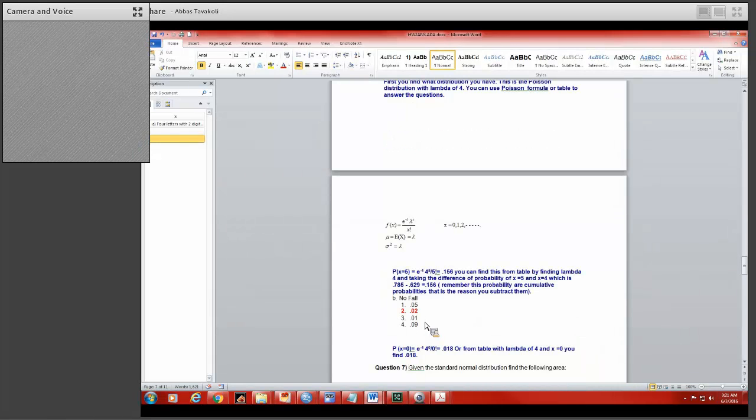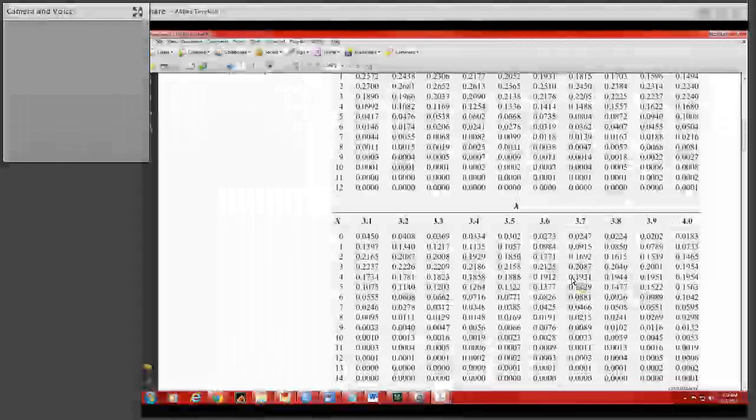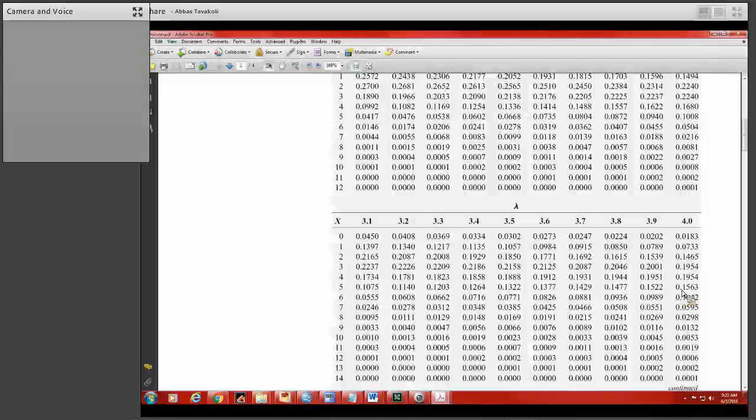Again, here I put it from the table. Remember, you have to use the average of 4. First you find the lambda, and I ask you average 5, so you have to subtract these two values from each other.